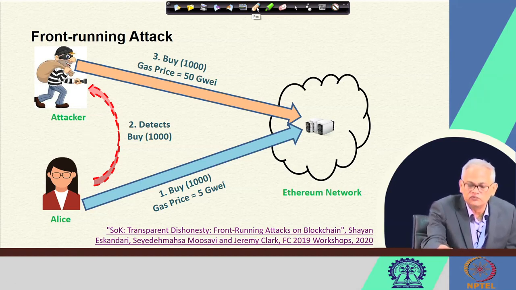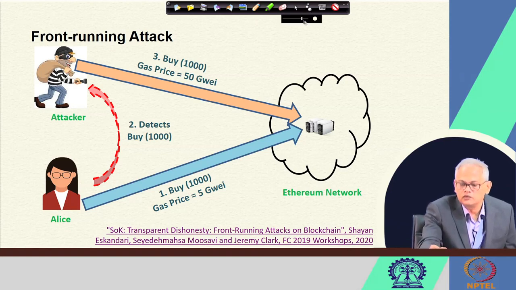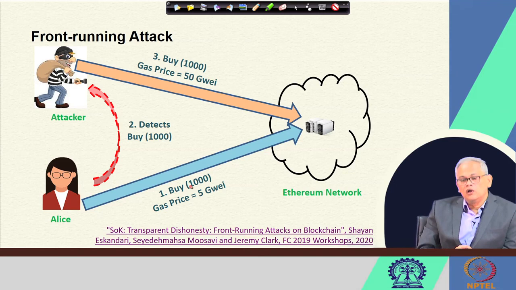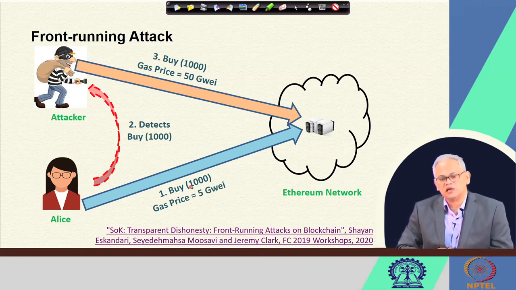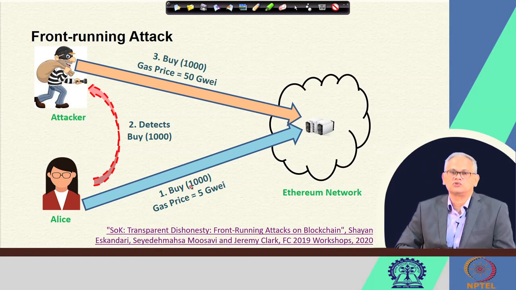Because the attacker somehow gets to know this information that Alice is going to buy this particular number of ethers, the attacker immediately creates a new transaction that purchases those 1000 ethers.